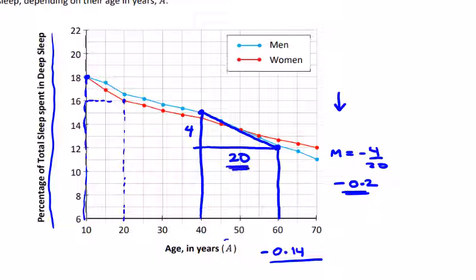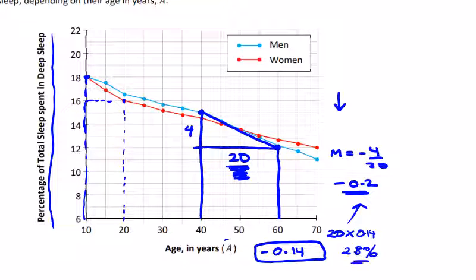So you can say over this 20-year period, men are losing 0.14 of percentage of total deep sleep per year. Like if you multiply 20 by your 0.14, you're going to get 2.8% here of total loss. If you multiply it by the 0.2, you're going to get 4% of total loss as a percentage.